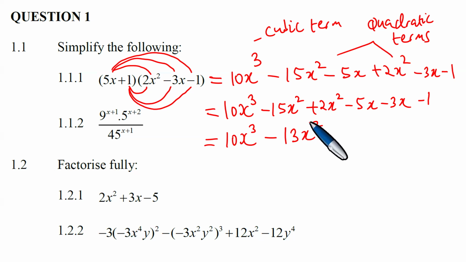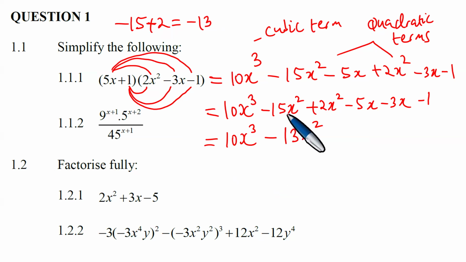Yes, we add. So what is minus 15 plus 2? Please do this on your calculator. Minus 15 plus 2. Negative what? Negative 13.